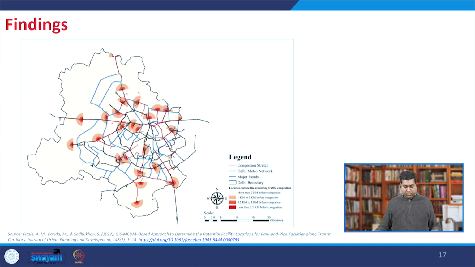Next one was the location prone to recurring traffic congestion. In this case also we have seen certain areas where such locations are determined.